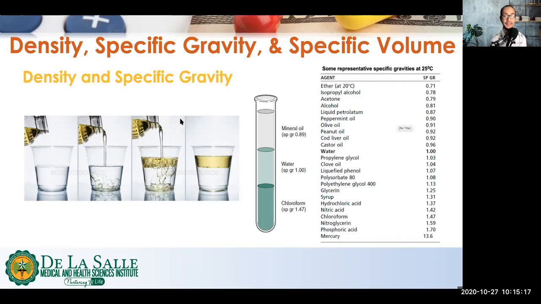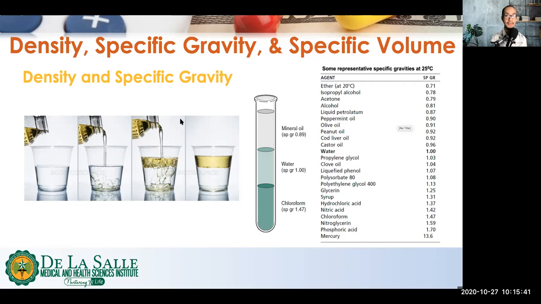It is the official or standard temperature, except for ethanol or alcohol. For alcohol, the specific gravity is taken at 15.56 degrees Celsius because of government regulations.